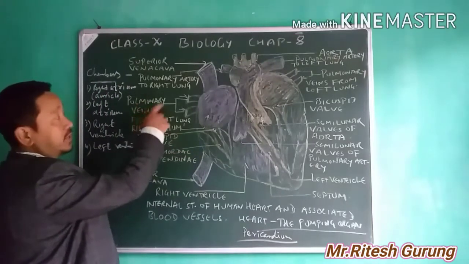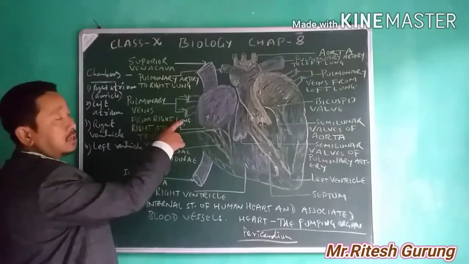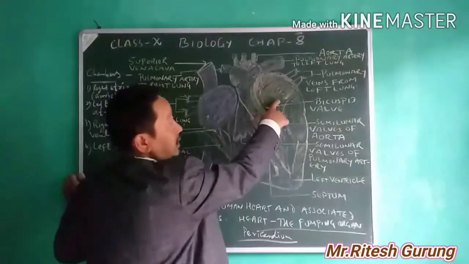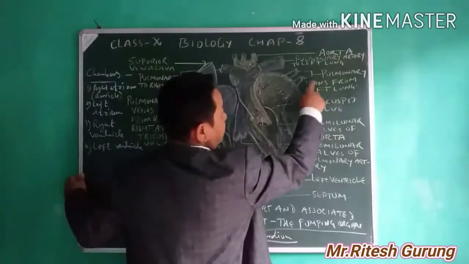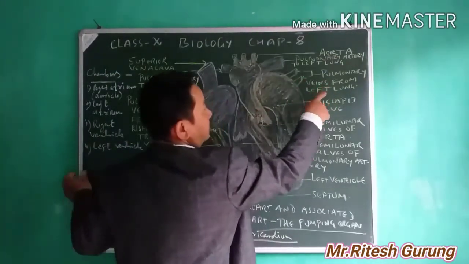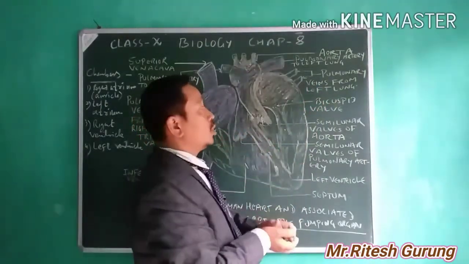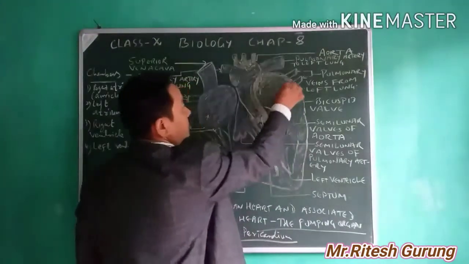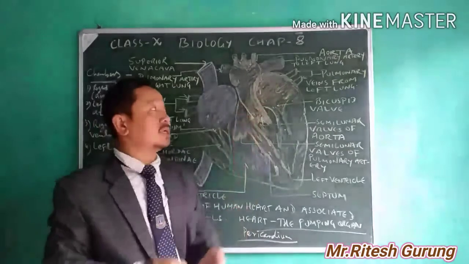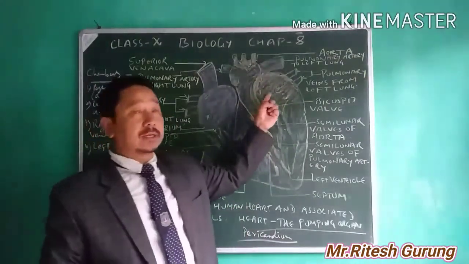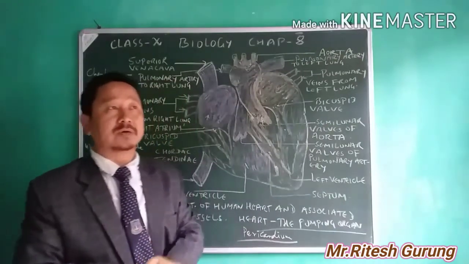One pair of pulmonary veins will collect the pure blood from the right lung into the left auricle, and the pulmonary veins from the left lung collect the pure blood and bring it into the left auricle. Which means your left auricle is the one which receives the pure or oxygenated blood from the lungs.